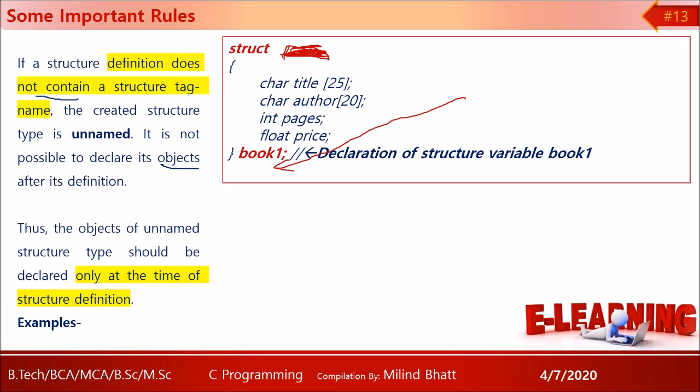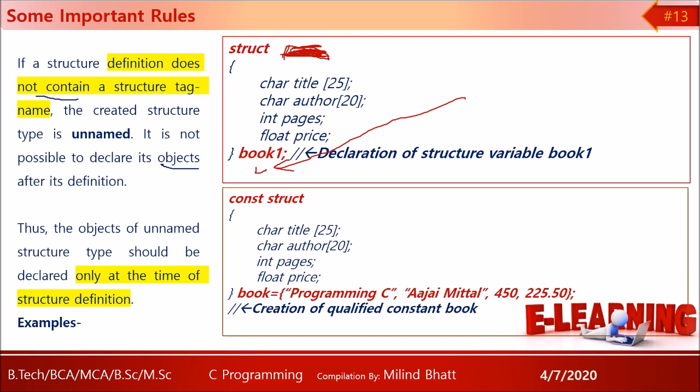That means once I am giving a definition to it, the object should be there only. Thus, objects are unnamed. Structure type should be declared only at the time of structure definition. This is a structure definition phase.